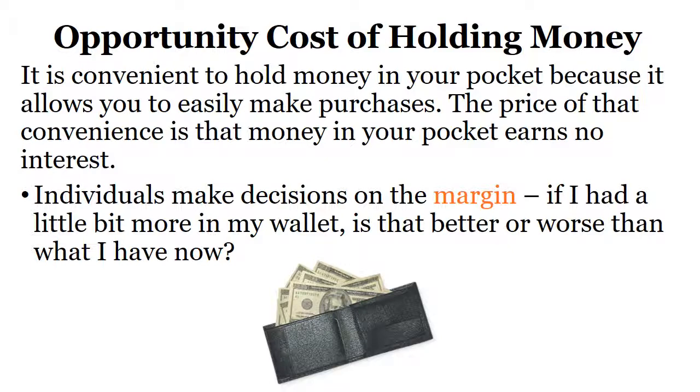So, for example, if you ever pay with your debit card at maybe a grocery store and you swipe the card and the machine says, "Do you want cash back?" Usually people are thinking about, do I need an extra 20, 30, 40 bucks? That's a marginal decision. You're not thinking, do I need to take all of my money out of the bank? You're just thinking, do I need to take out a small amount of cash? That would be a marginal choice.